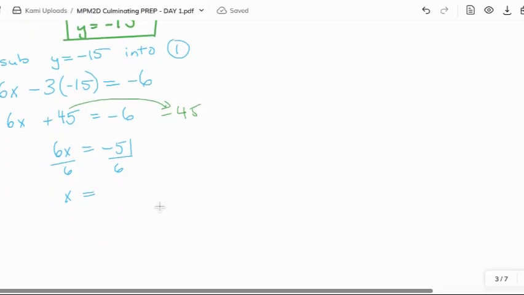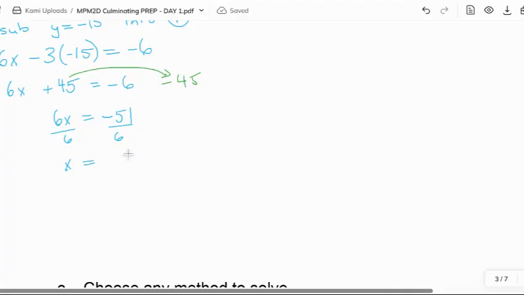So in that case, we can either write negative 8.5, which is probably best if we're graphing it, or we could reduce the fraction to be negative 17 over 2. But in this case, using a decimal is fine because we want to actually be able to visualize where that point of intersection is. POI is negative 8.5, negative 15.